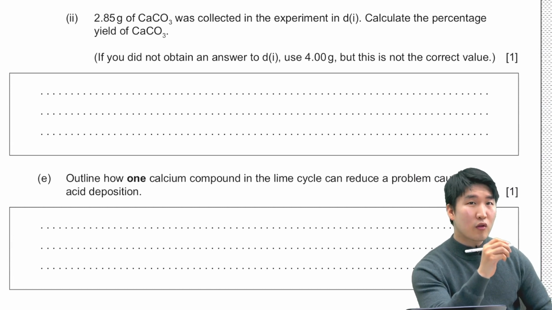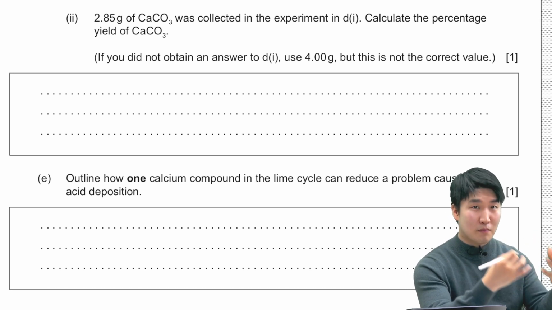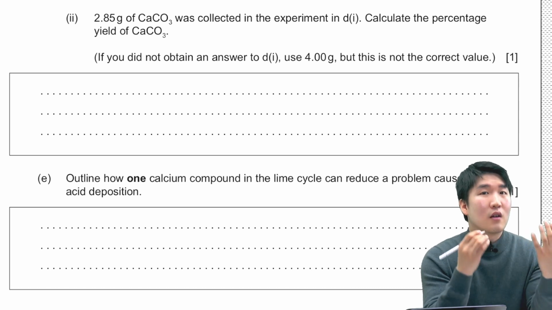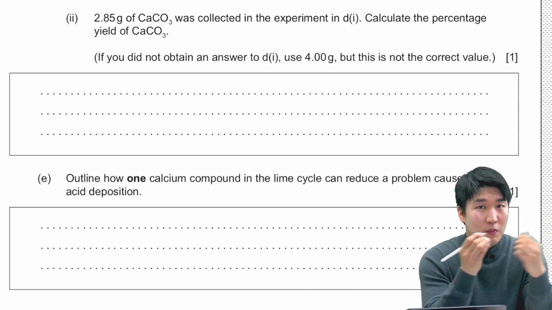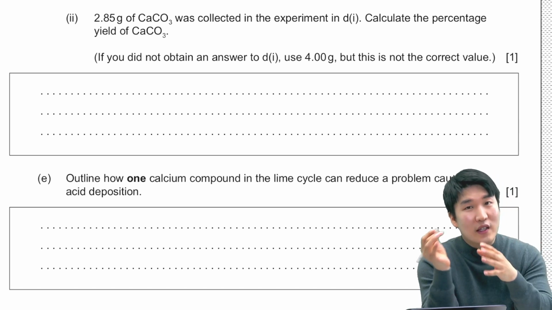Unlike the 3.30 grams of calcium carbonate that we expected to produce, only 2.85 grams was produced, which means the percentage yield is not going to be 100, as it usually isn't.